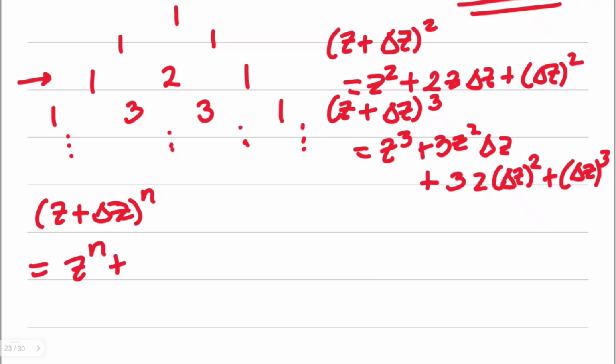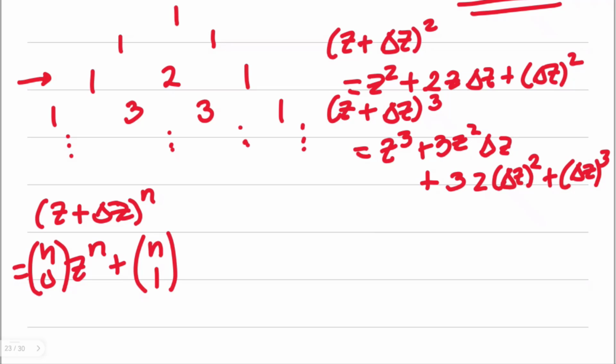You may also review your combinatorics for this, because aside from the Pascal's triangle, we can use the binomial theorem. The coefficient for the second term is identified as the combination of n taken 1, because earlier it was n taken 0. Here you will have n taken 0 and z to the power of n.